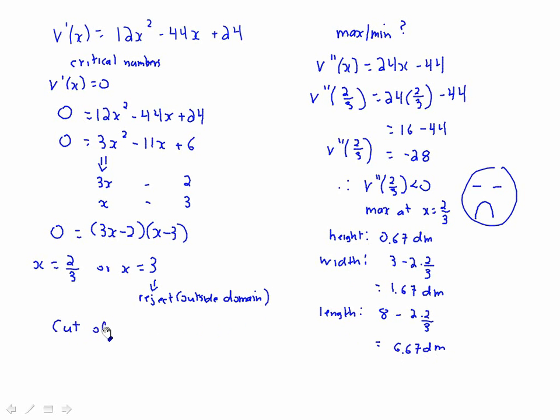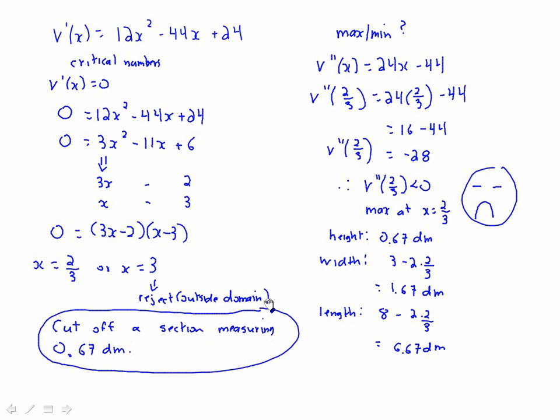So cut off a section measuring 0.67 decimeters, and forget about the other stuff. But that'll give you the dimensions if you did want that for your information, just not necessary. So that's how these ones go.